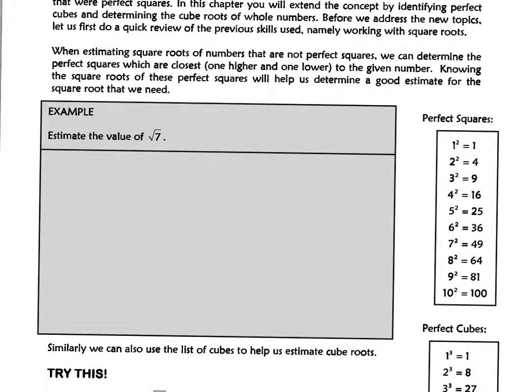So if you're estimating the value of the square root of 7, 7 is not a perfect square, but 7 lies between the two perfect squares of 4 and 9.